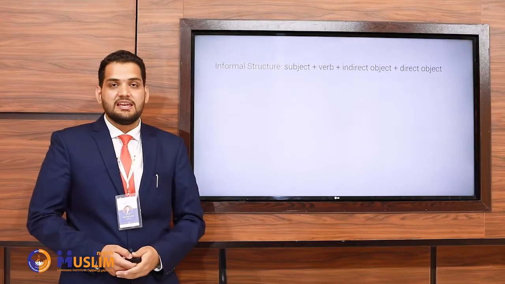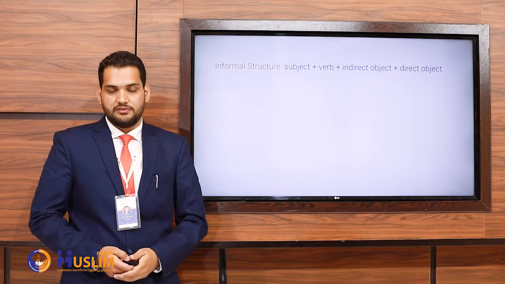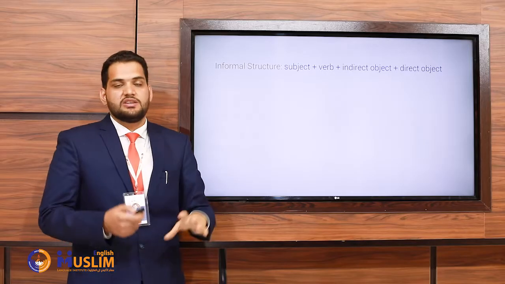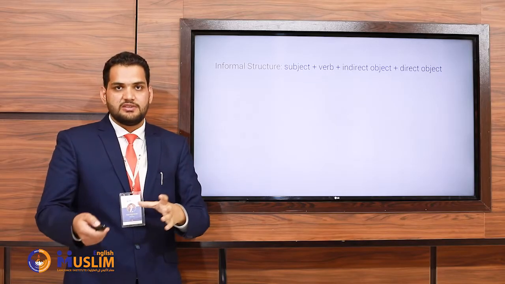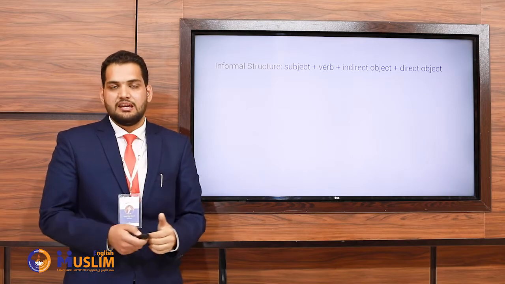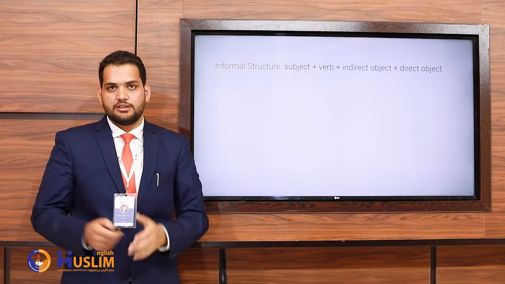Let's talk about the informal structure for ditransitive verbs. That is, subject plus verb plus indirect object plus direct object. Here, we change the positions of direct object and indirect object, and we remove or delete the prepositions to or for.